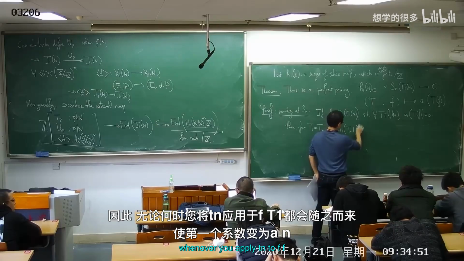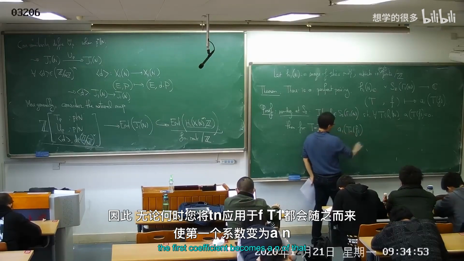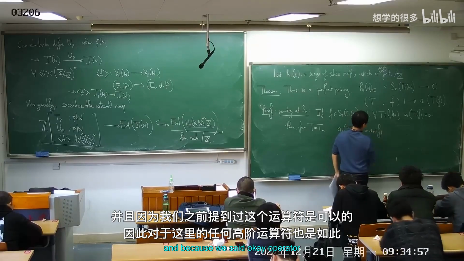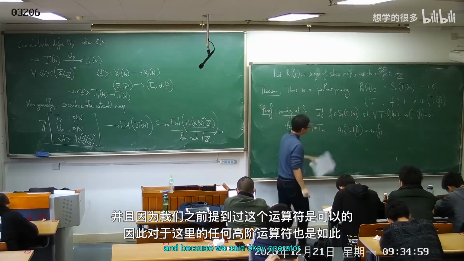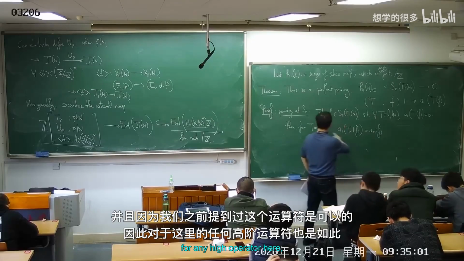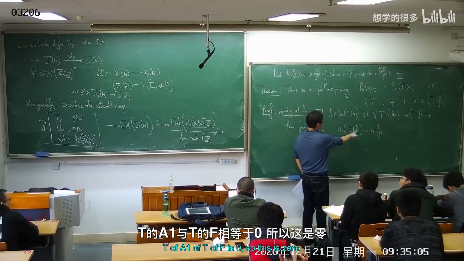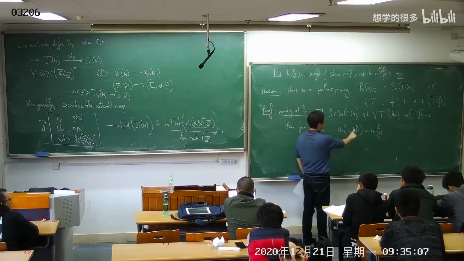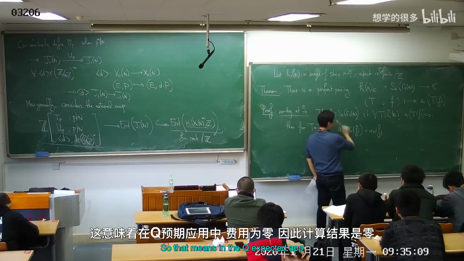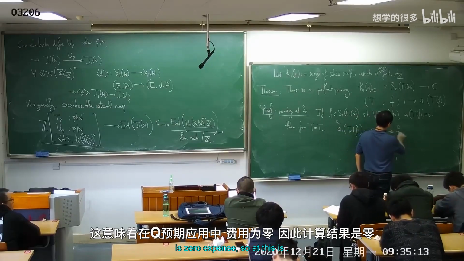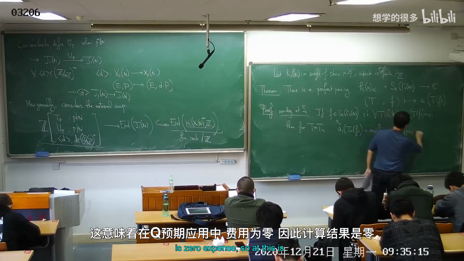Whenever you apply T_n to F, the first coefficient becomes a_n of F. And because for any Hecke operator, a_1 of T F is 0, this is 0. So that means in the q-expansion, F is 0, so F is 0.